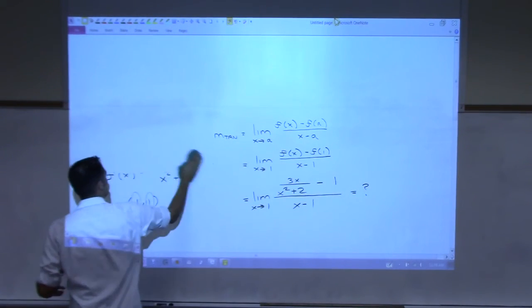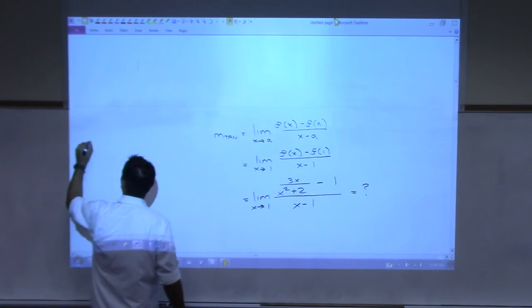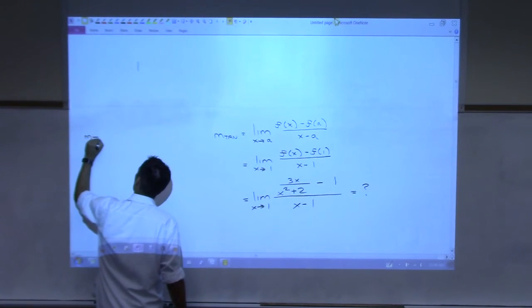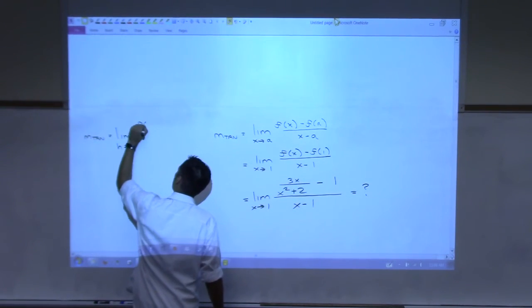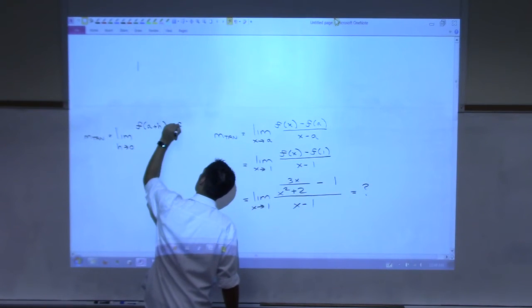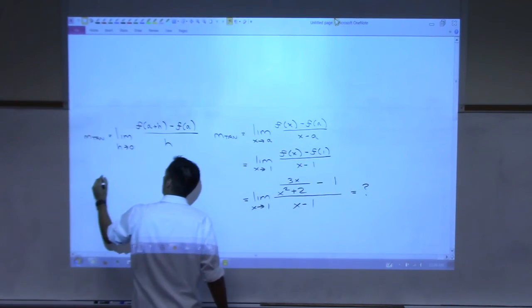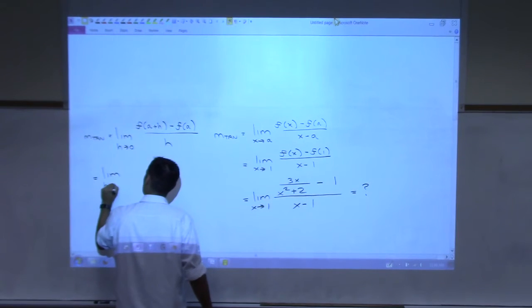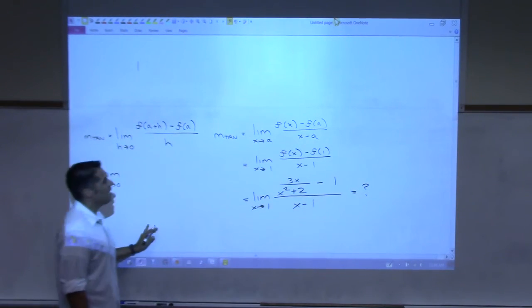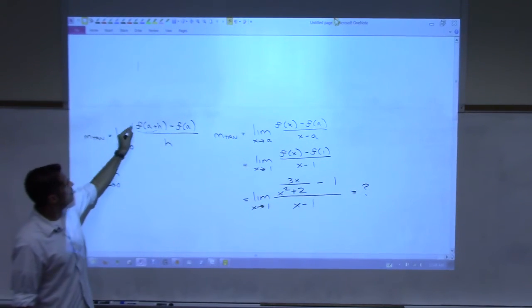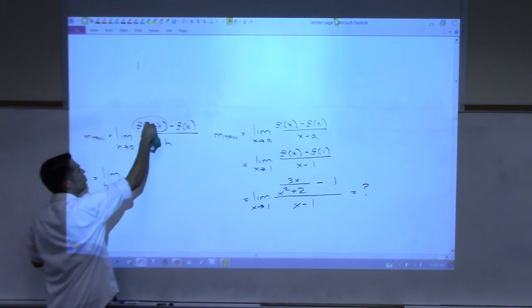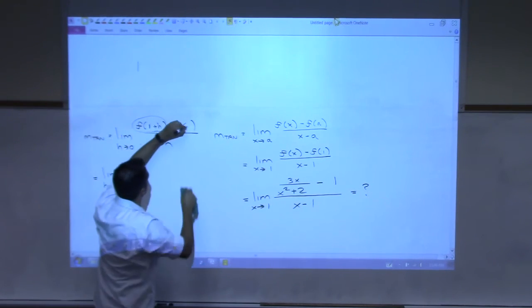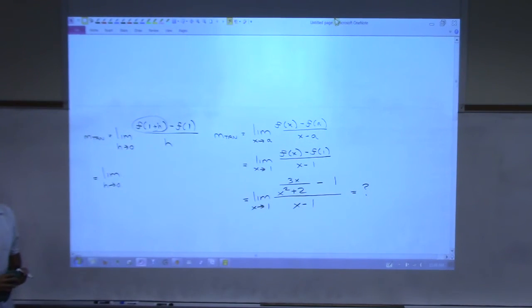But the other person who married the other formula is going to say the slope of the tangent line is equal to the limit as h approaches 0 of f of a plus h minus f of a all over h. All right, what's f of a plus h? This one is a little tricky. a is 1, right? Let me save us some time. a is 1. What's 1 plus h plugged into the function?